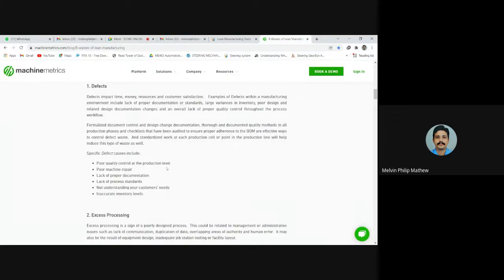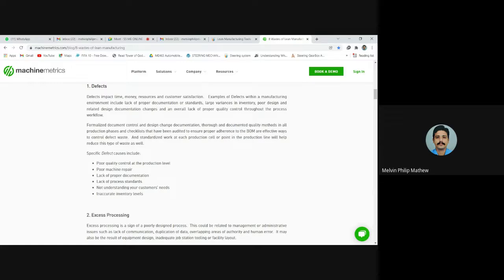Basically, there are 8 types of wastes. The first one is defects. So, what are defects? Defects impact time, money, resources, and customer satisfaction. So that is the effect of defects.